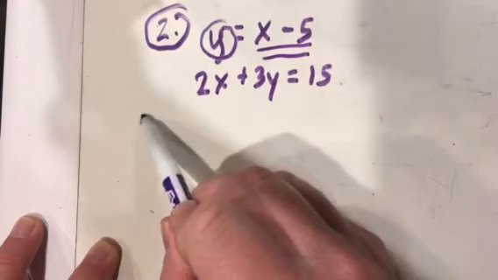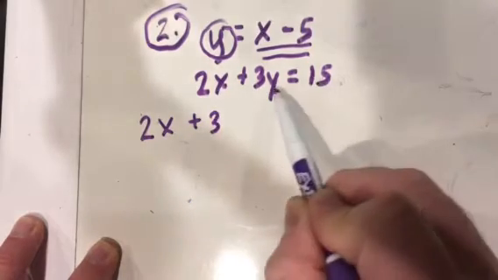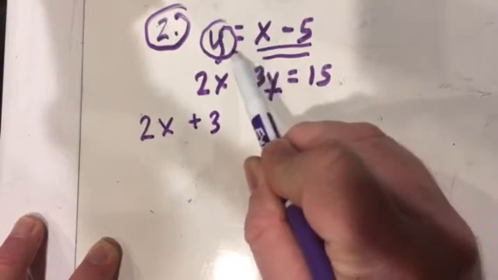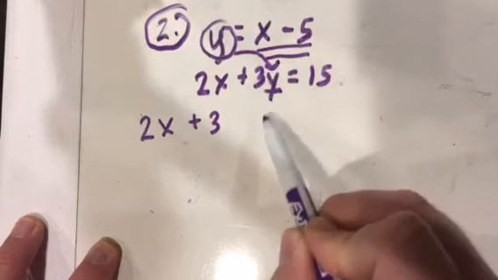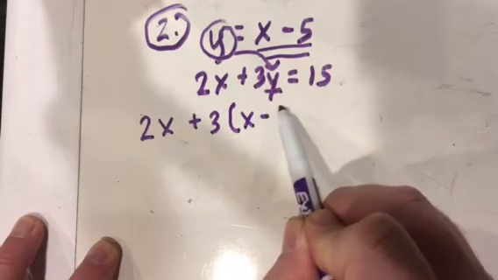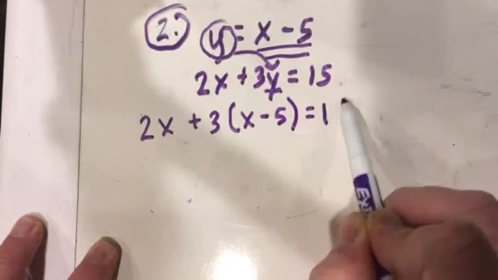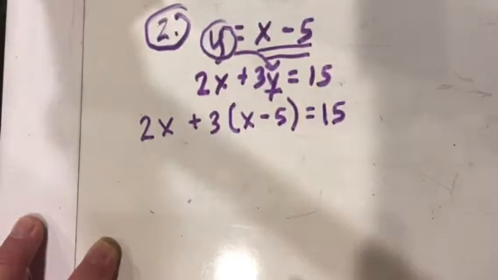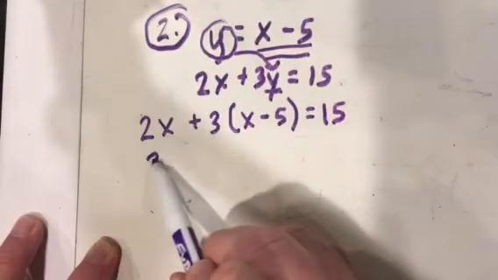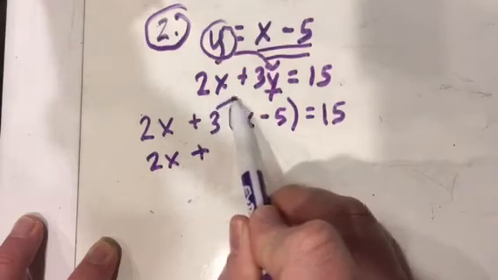That allows us to go to the other equation, and where we were going to use y, we make that swap. And what do we know y equals? Well, this time we don't know the number that y equals, but we do know that y equals x minus 5. We do need to use parentheses because if you paid attention the first time when I taught 7-2, we're going to have to use the distributive property here.